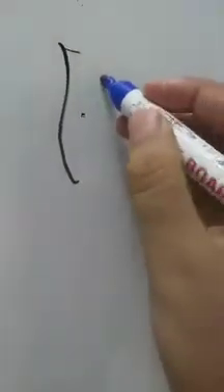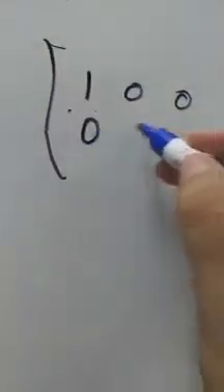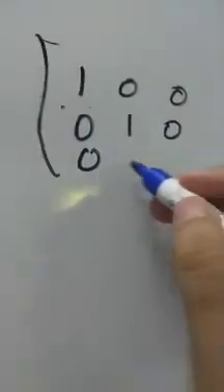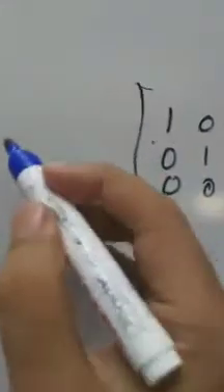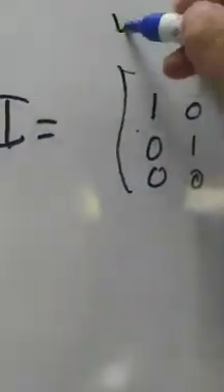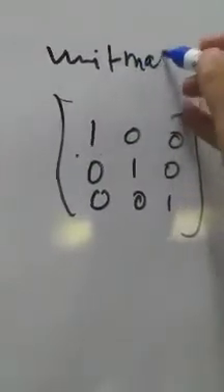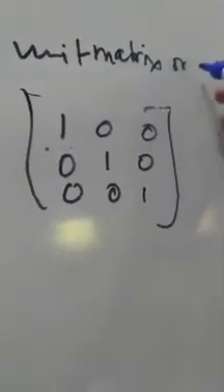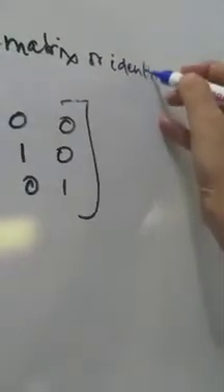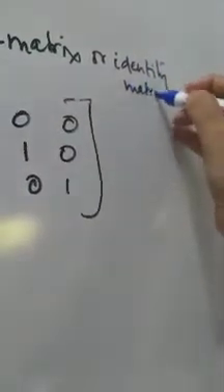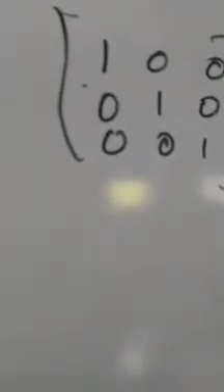After square matrix and diagonal matrix, we come to the identity matrix. An identity matrix is a square matrix where the leading diagonal elements are all 1. It is the identity matrix or unit matrix, represented by I. For example, 1 0 0, 0 1 0, 0 0 1: except the leading diagonal elements, all other elements are 0.